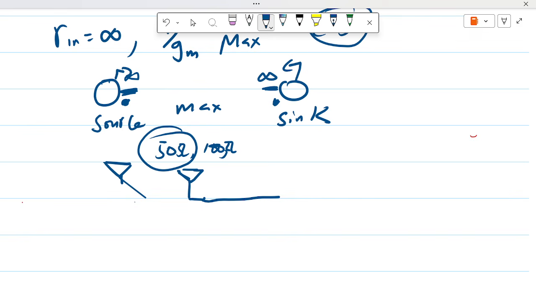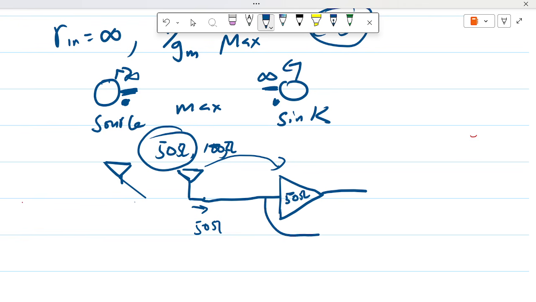Then we want to give our signal to an amplifier to amplify the signal for us. Knowing very well that the output impedance of the antenna is 50 ohms, for maximum power to be transferred from the antenna to the amplifier, what we do require is 50 ohms here.